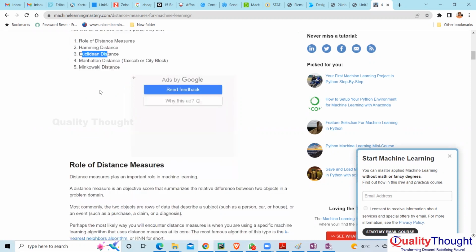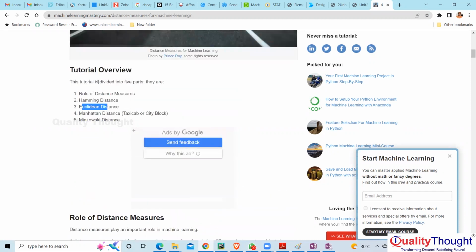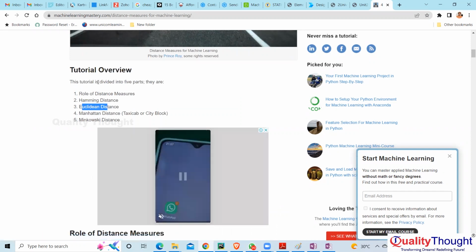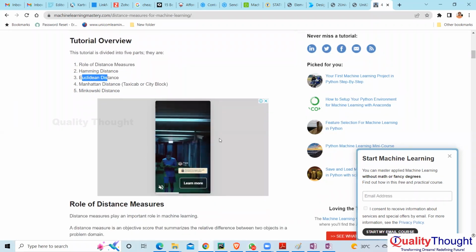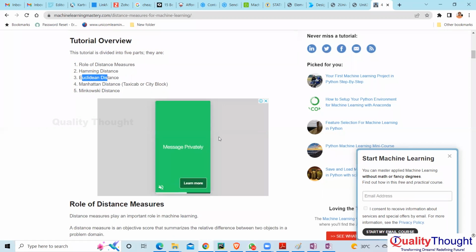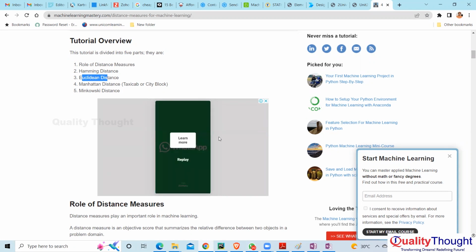Now see, the role of distance is very important. When you look at the algorithms that day we discussed, if you take SVM or you take linear regression, the whole concept is based on distance. Find the line which represents all the data. That means we have to find the distance between each point and the line in regression.